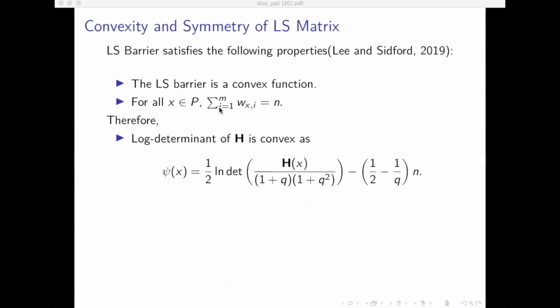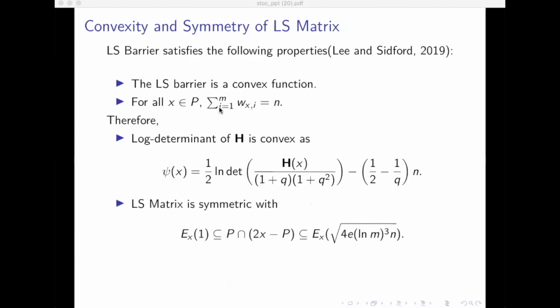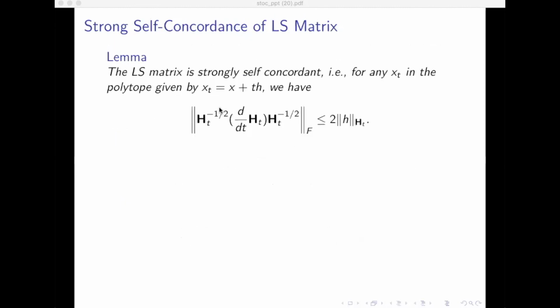The LS barrier is also mu-bar symmetric with symmetry parameter equal to 4e times log m cubed times n. This is only polylogarithmic in m, and again, it's because the sum of weights is equal to n. The LS matrix is also strongly self-concordant.